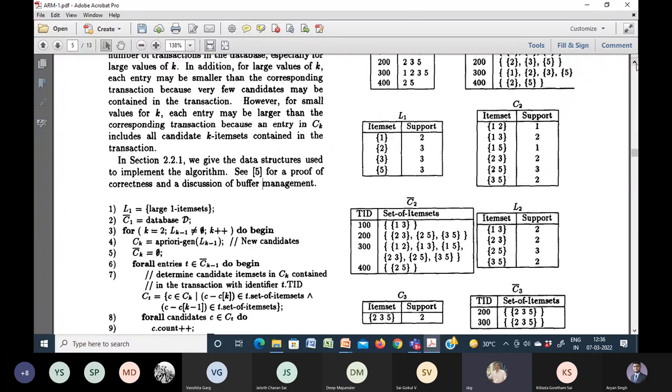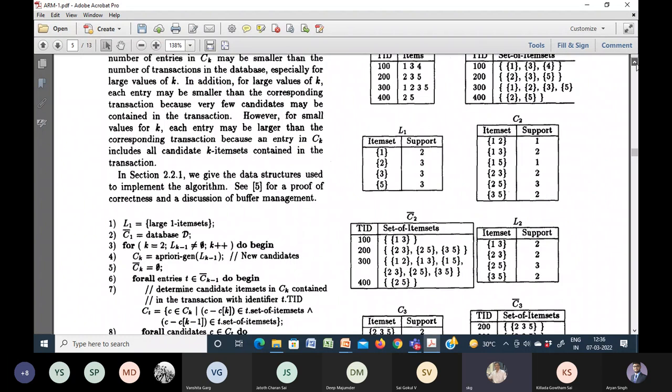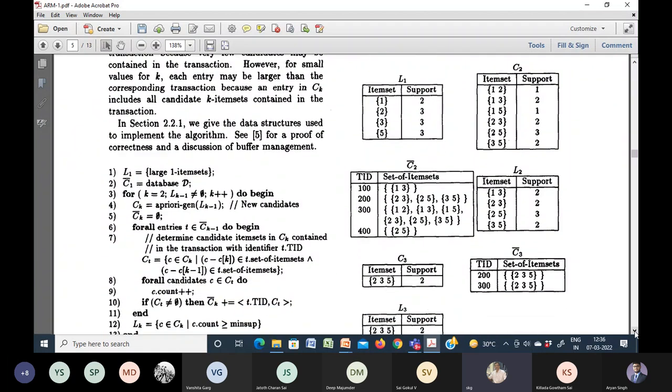Having 3 item sets, we have {1, 2, 3}, {1, 2, 5}, and {1, 3, 5}, which do not have the minimum support. They are not large item sets. So in this case, {2, 3, 5} is the only 3 item set, or k equal to 3, with a support of 2.